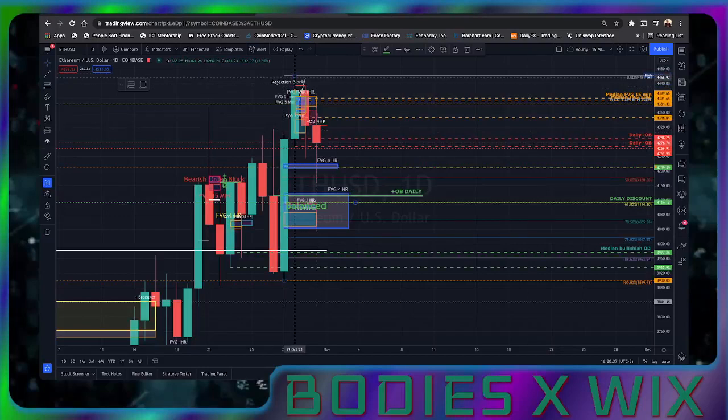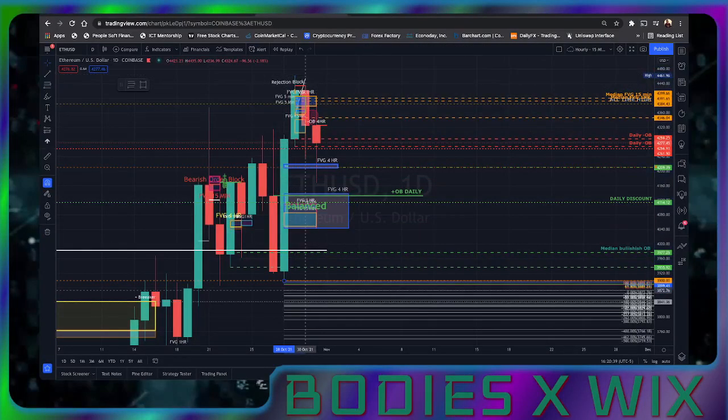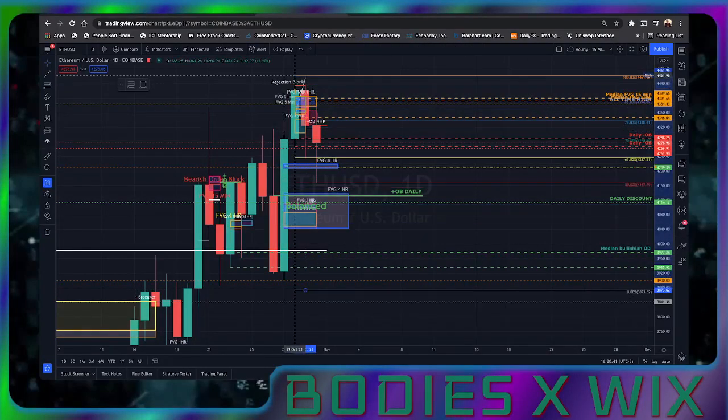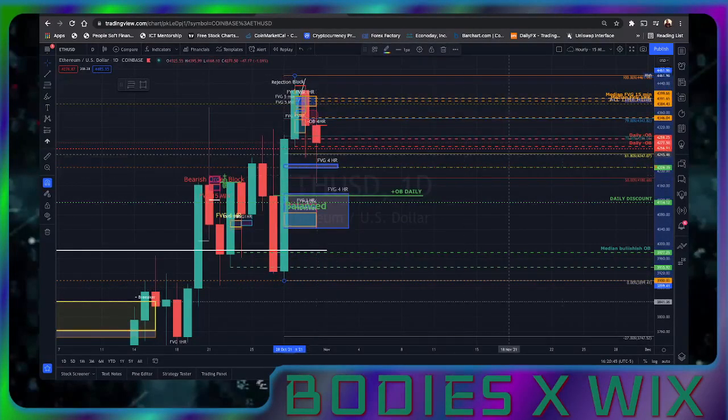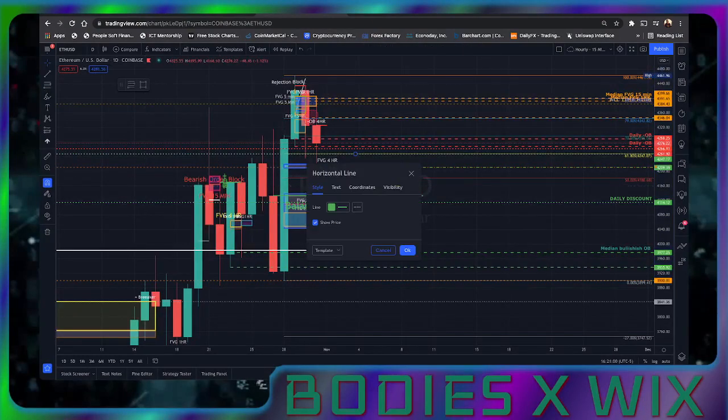Now, flip it upside down, and you look for the 61% here. There it is. I'm going to do the same thing. Line across. And then this one I am going to make red.